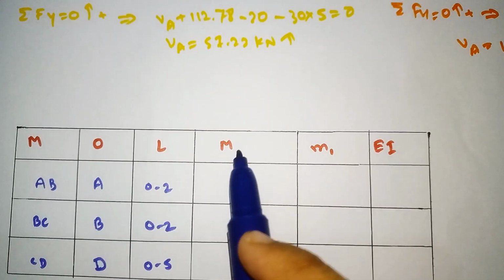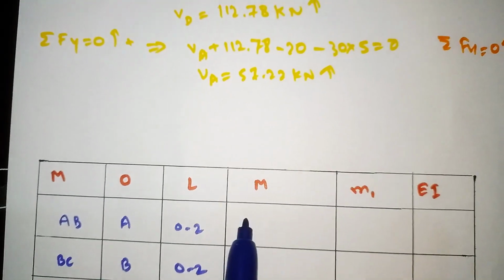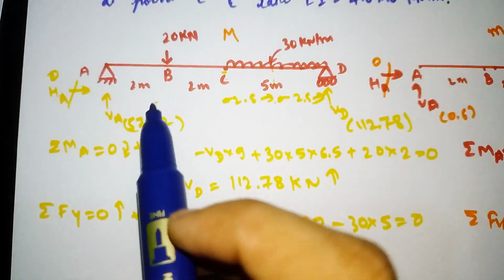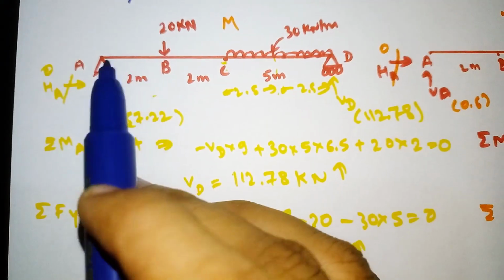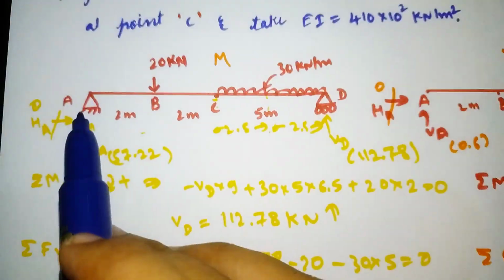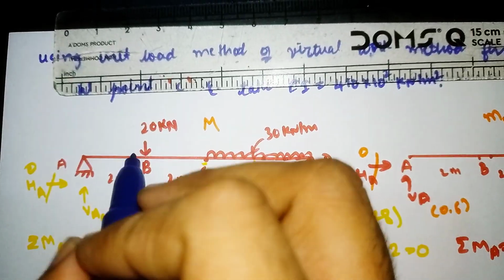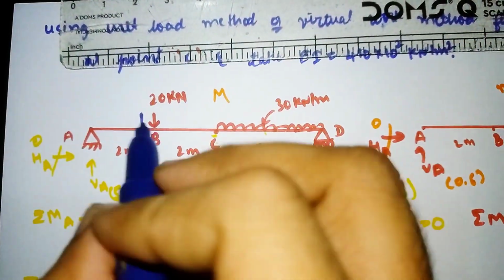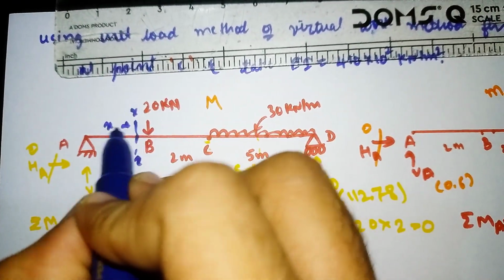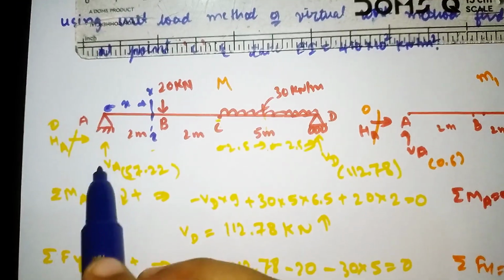Now for capital M, for AB, whatever origin we have chosen, we need to cut the section away from the origin. For AB I have taken the origin as A, so we need to cut the section away from this origin. So our section will come like this: cut the section at a distance of x away from the origin A. Now here VA is moving clockwise.